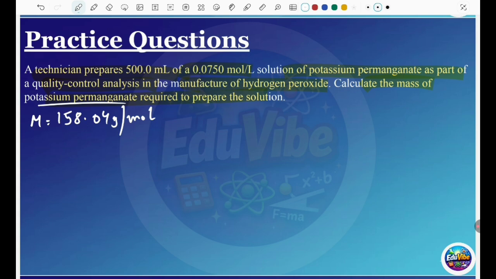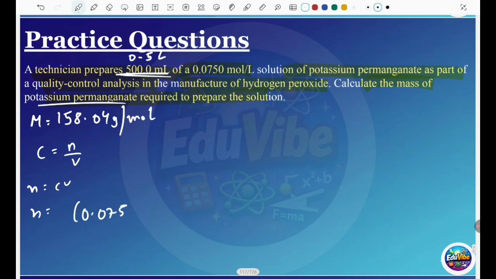Then you find the mass. You have a volume given, 0.5 liters. So you know C is equal to n upon V, so n is equal to C times V. C is given and V is also given. So what's the n? 0.0375 moles.